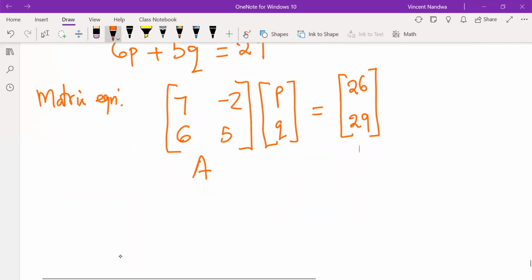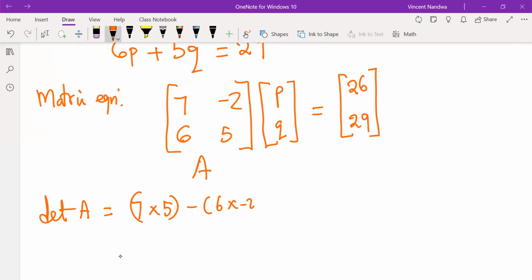So this is our matrix A. So next, find the determinant of this matrix A, which is 7 by 5 minus 6 by minus 2. So 35 plus 12, because minus minus. This is going to be 47.